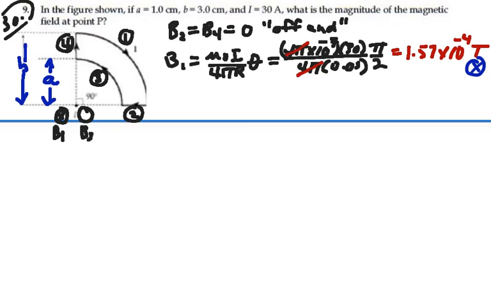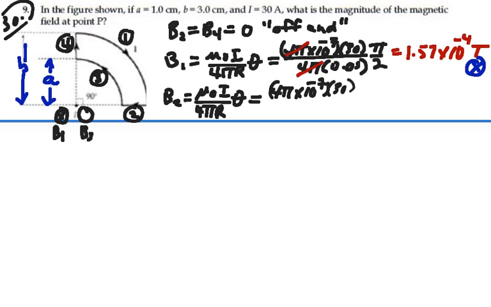Okay. For magnetic field 3, we have mu naught I over 4 pi, we could say R3 times theta. In this case, R is equal to radius A. So we have 4 pi times 10 to the minus 7 times 30 amps over 4 pi.